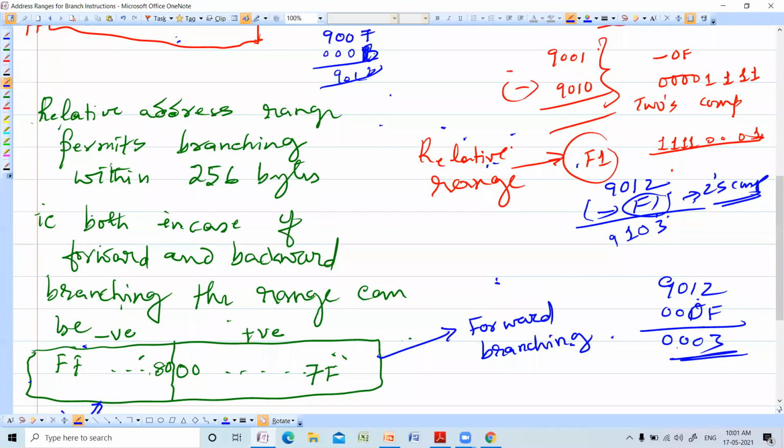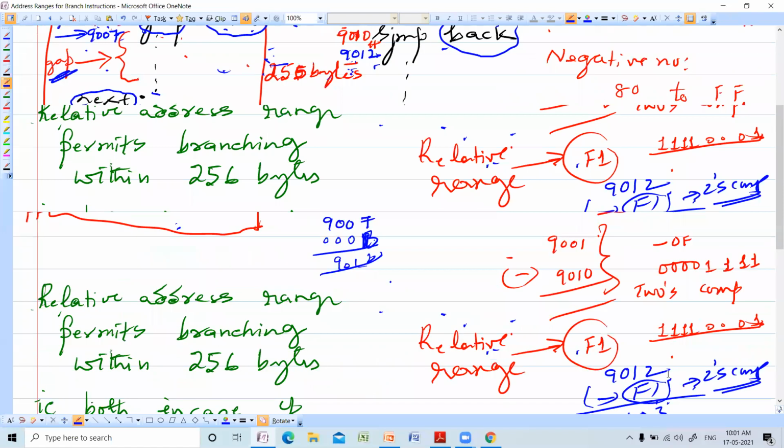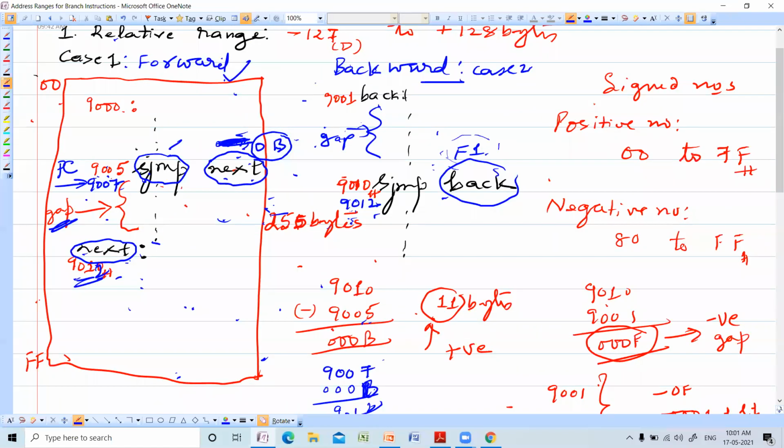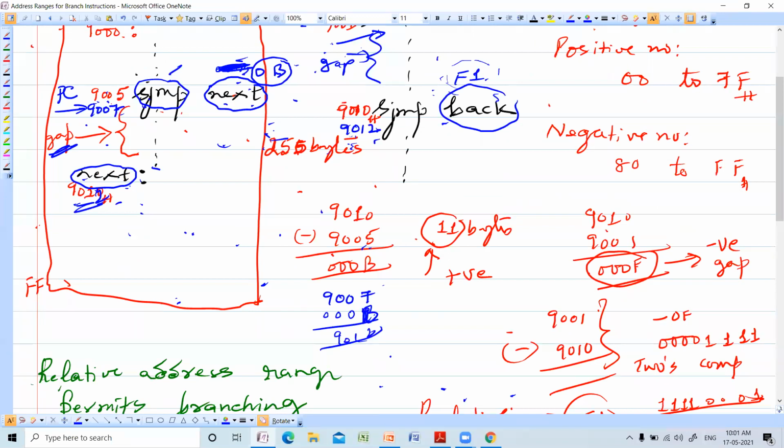Sorry, 9003 you are going to get here. 9003 is the very next address of this one. So it will jump there. That is how the relative addressing works. So it is very important as far as the concept is concerned.